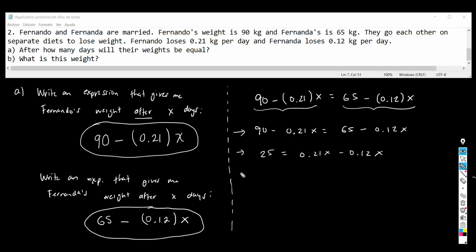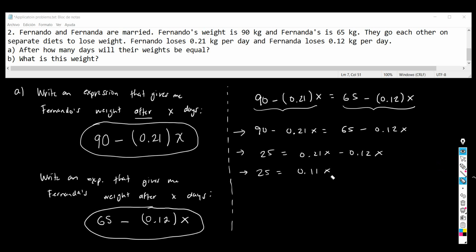And then we have 25 equals this minus this, which is 0.09x.